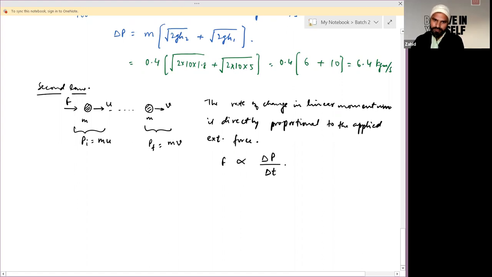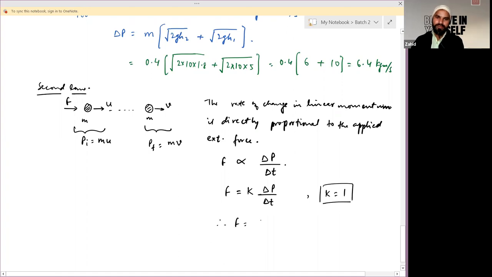If you replace this proportionality by a constant term K, it will be delta P divided by delta T. Experimentally, K equals just 1.